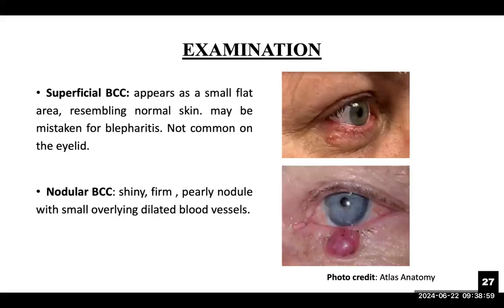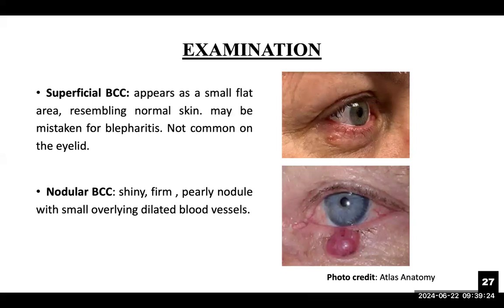Okay, so first up is the superficial BCC, which appears clinically as a small flat area resembling normal skin. It may be mistaken for blepharitis and is usually not common on the eyelids. Superficial BCCs occur on other parts of the face, head and neck.